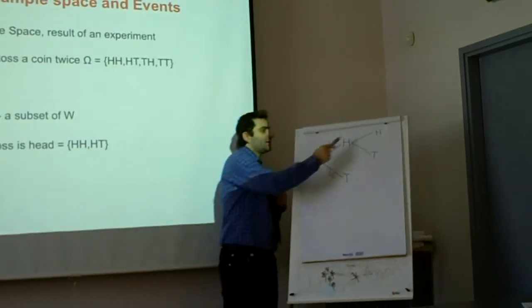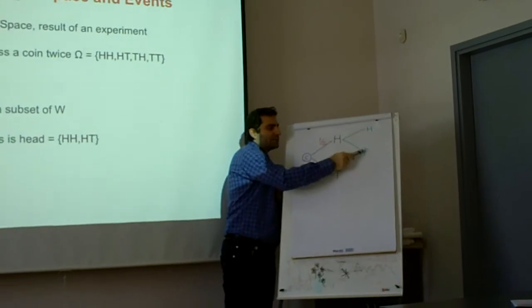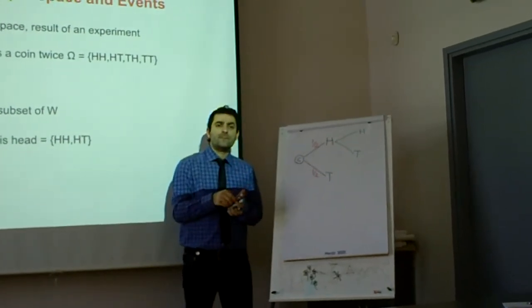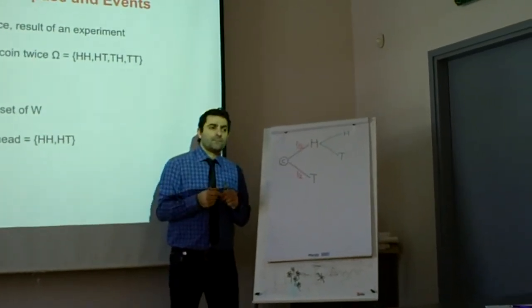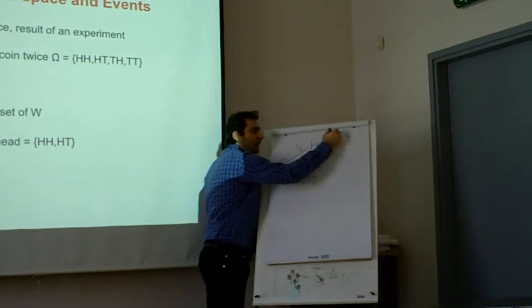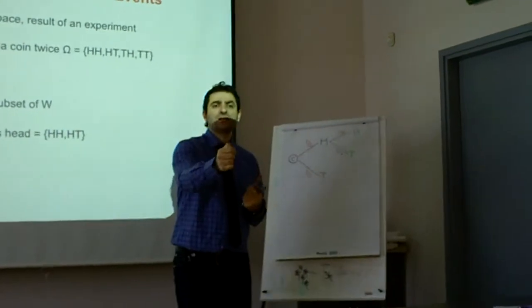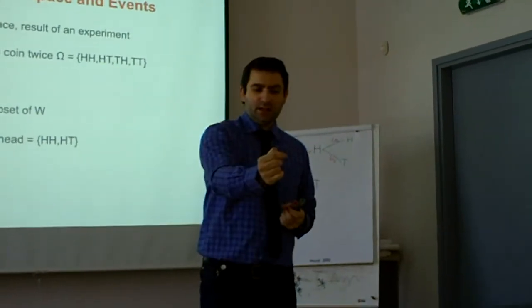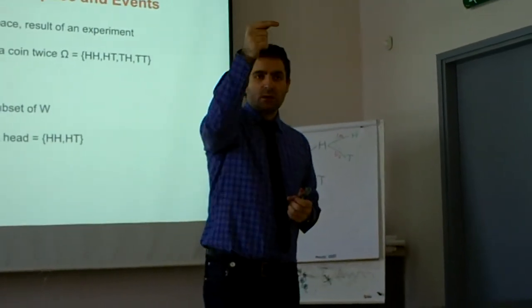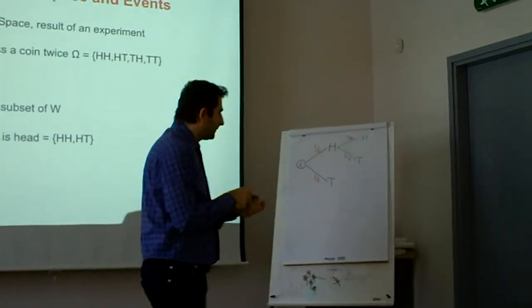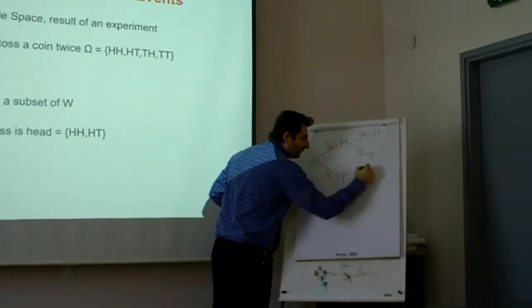Now, can you tell me what is the probability of head? What is the probability of tail? 1 over 2, 1 over 2. 1 over 2 to be head or 1 over 2 to be tail. Why? Because it is a coin. It doesn't matter how many times I have done it. Right now, I toss a coin, 1 over 2 head, 1 over 2 tail. Similar thing in here.